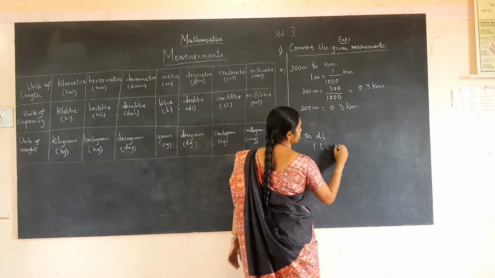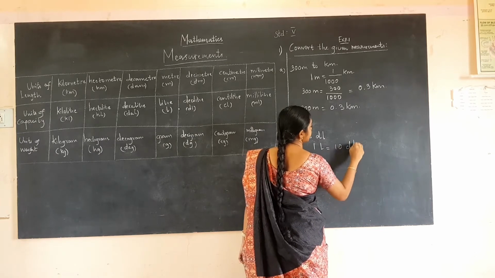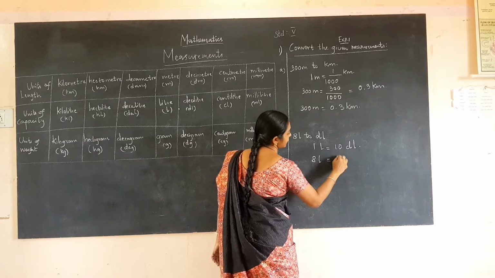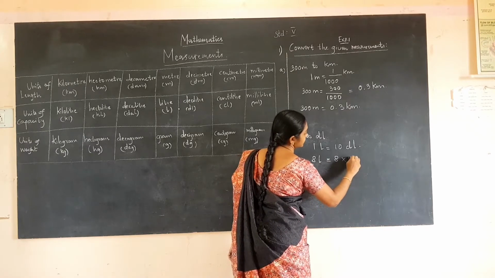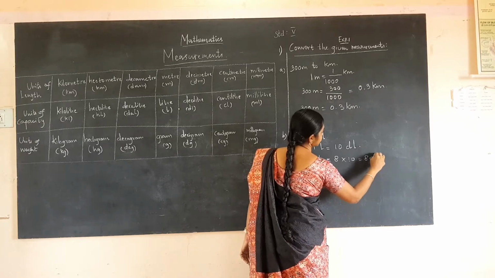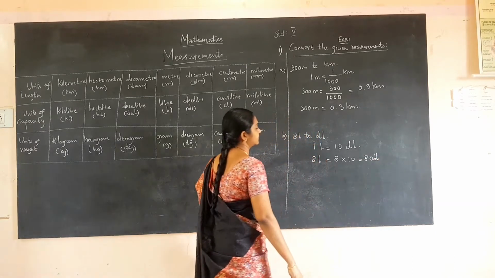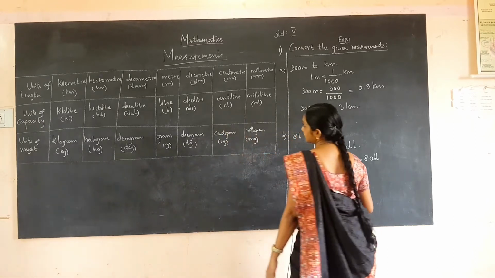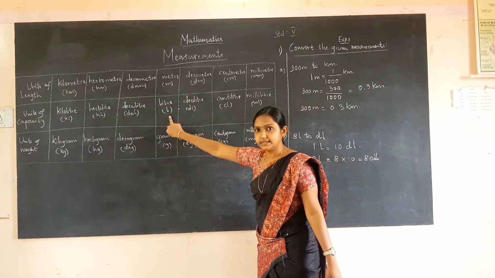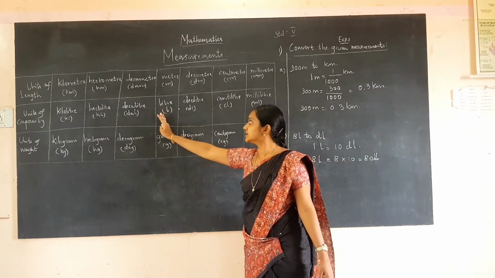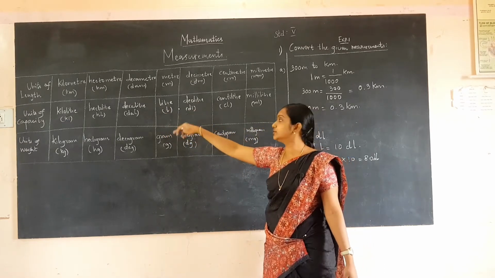1 liter is equal to 10 deciliter. Then 8 liter is equal to 8 into 10, that is 80 deciliter. We are moving from larger to smaller, so we have to multiply.